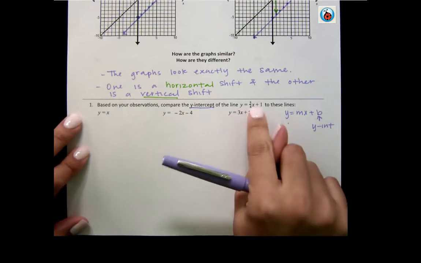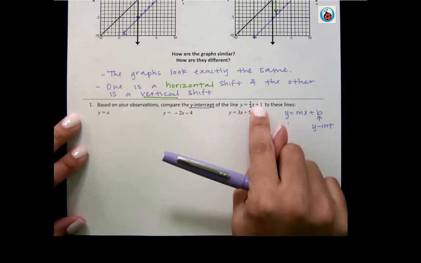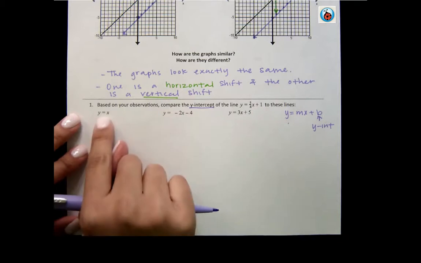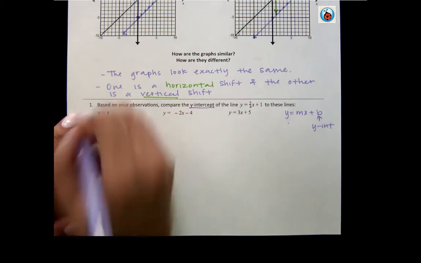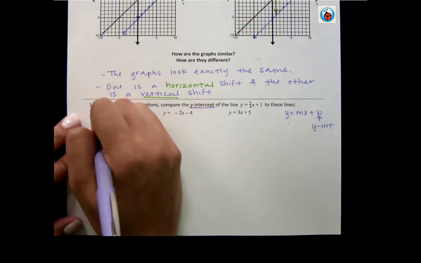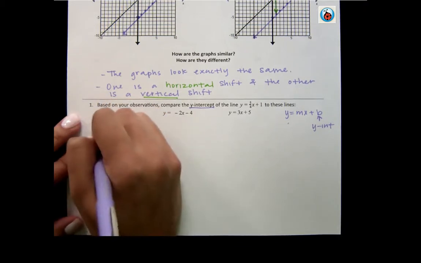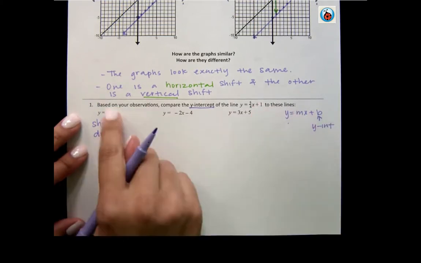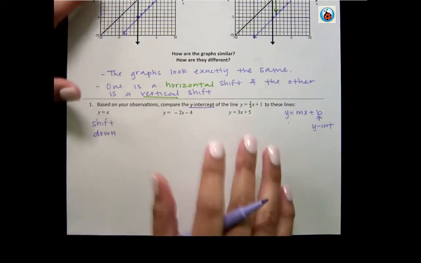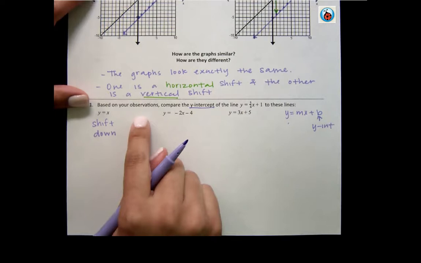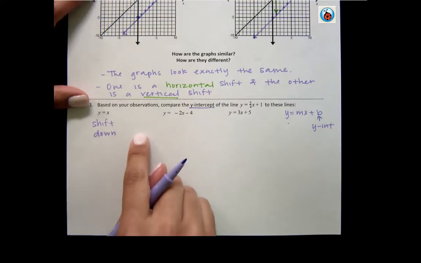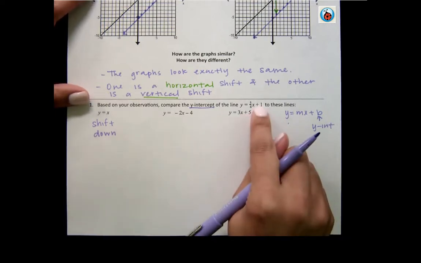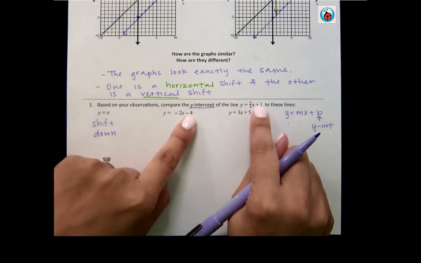So if I have a y-intercept of 1, and now I don't have a y-intercept, that is considered a shift down. I went from 1 to 0 because I don't have a y-intercept. If I'm at 1 on the y-axis and I move down to 0, that's moving down. Remember, we're only focusing on the y-intercept.